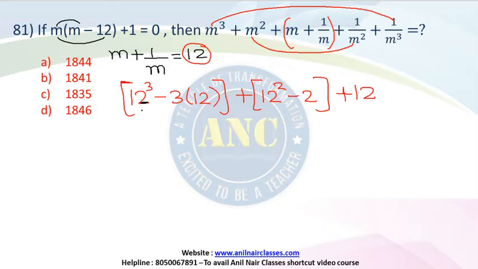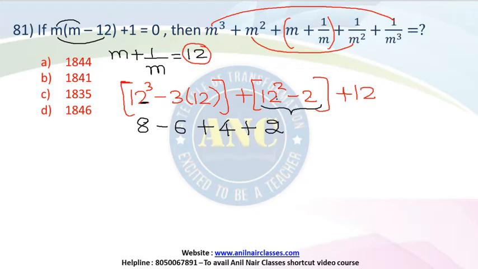2 cube is 8, right? 12 unit digit is 2, 2 cube is 8. 8 is the unit digit here, minus 3 into 2 is 6, 8 minus 6, plus 12 square is 144.